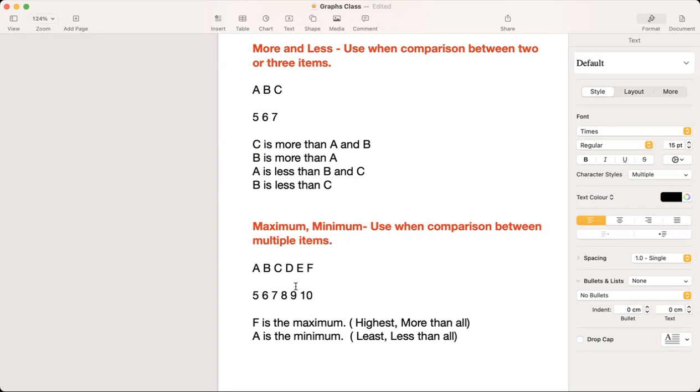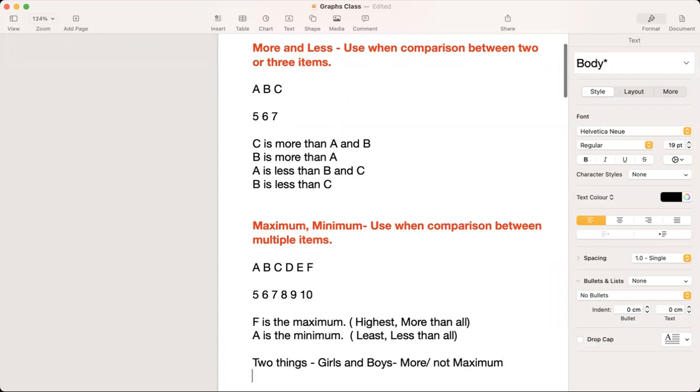Why am I teaching you this? Because when a graph comes and you have 2 things, for example girls and boys, you will be using the word more and not maximum, because you're comparing between boys and girls, that is 2 things. And when we have comparison between 2 or 3 items, we use the word more and not maximum. We will say just more.